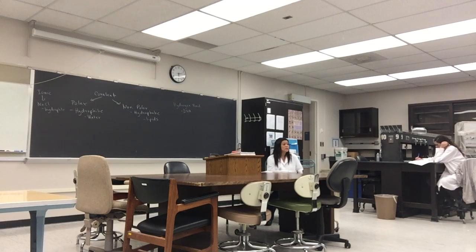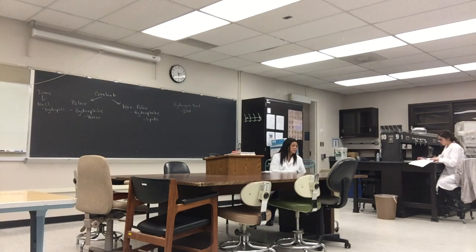And then on the extracellular fluid, what's the ratio of your plasma to your interstitial fluid? 80-20. So 80% would be your interstitial fluid, and 20% would be your plasma.